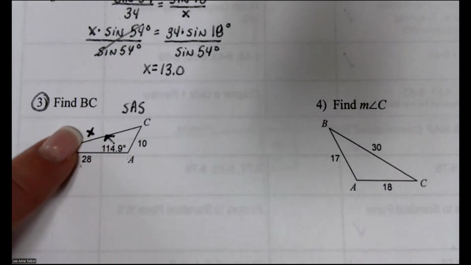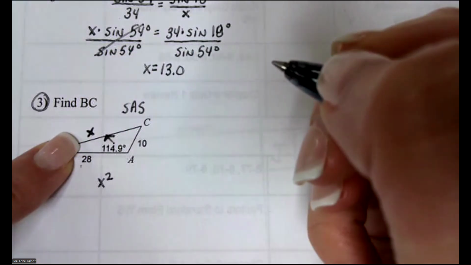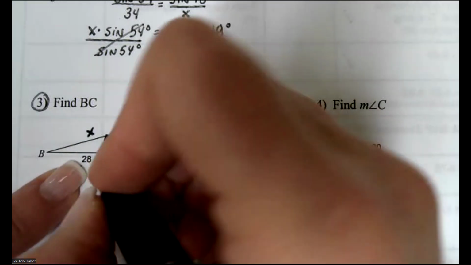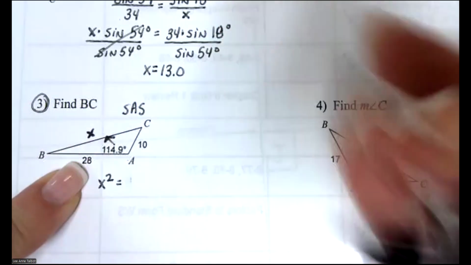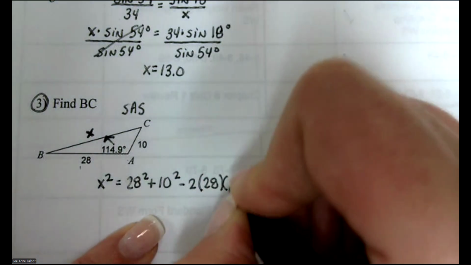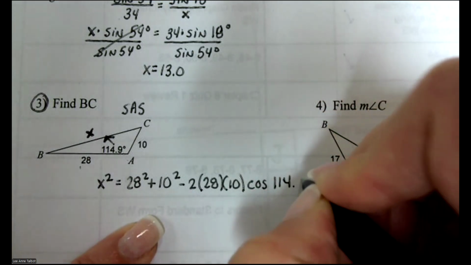And the arrow helps you decide what goes in front of the equation. So it goes like this. A squared equals, in this case, it's X squared because it's across from the angle, equals one of the sides squared plus the other side squared minus 2 times the first side times the second side cosine of the angle between.